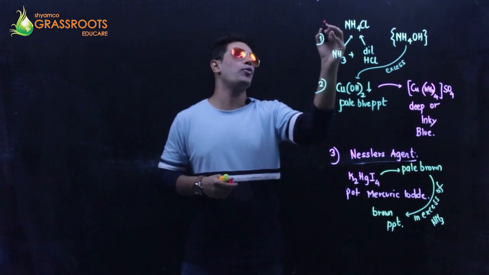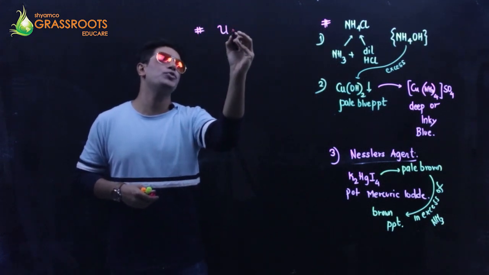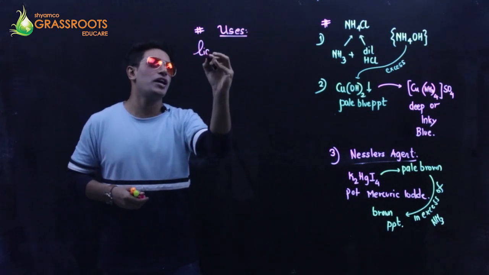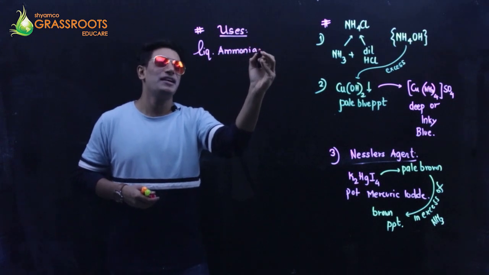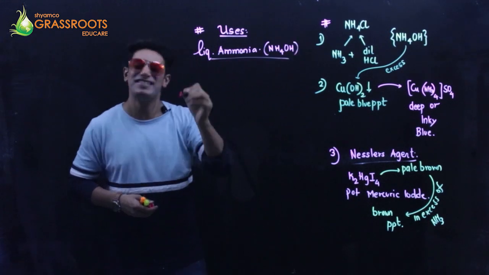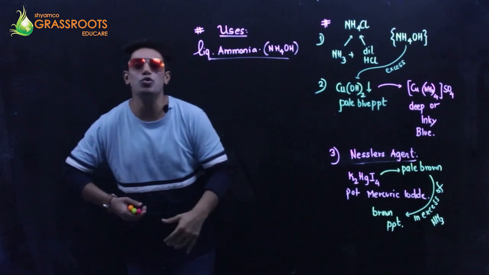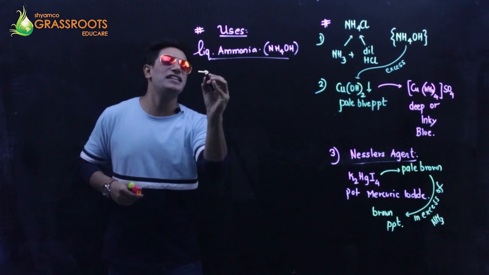And the last portion of the chapter to wind up with are a few uses. Remember, liquor ammonia, that is ammonia with water, is nothing but NH4OH. Ammonia with water is said to be liquor ammonia, right? What is the use of liquor ammonia? Remember, it is used as a cleansing agent.